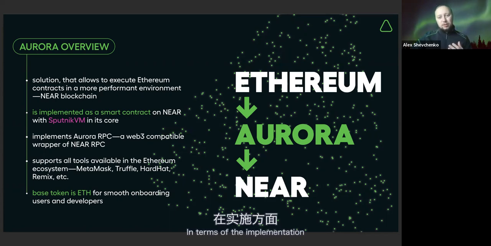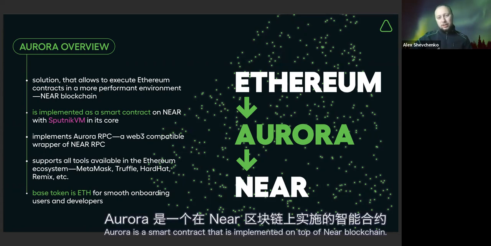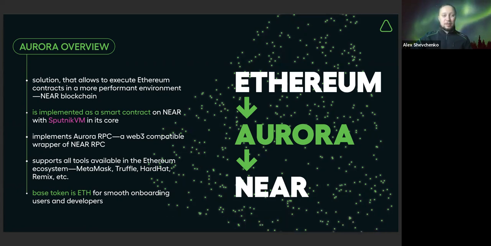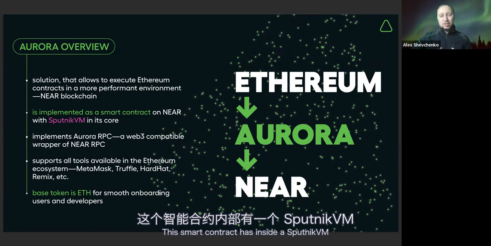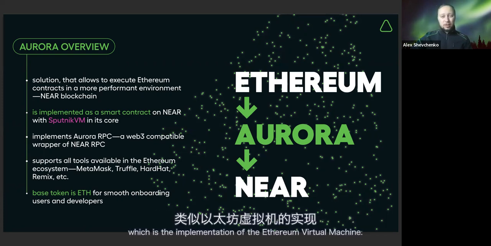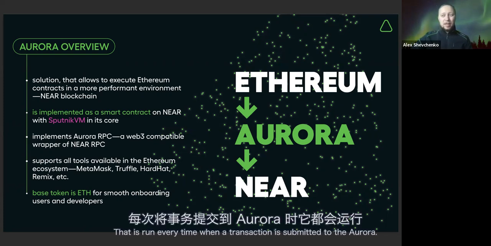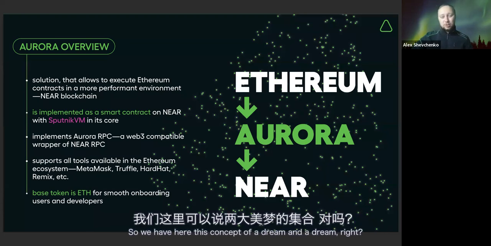In terms of the implementation, Aurora is a smart contract that is implemented on top of the Near blockchain. This smart contract has inside a Sputnik VM, which is the implementation of the Ethereum virtual machine that is run every time a transaction is submitted to Aurora. So we have here this concept of a dream within a dream, right?